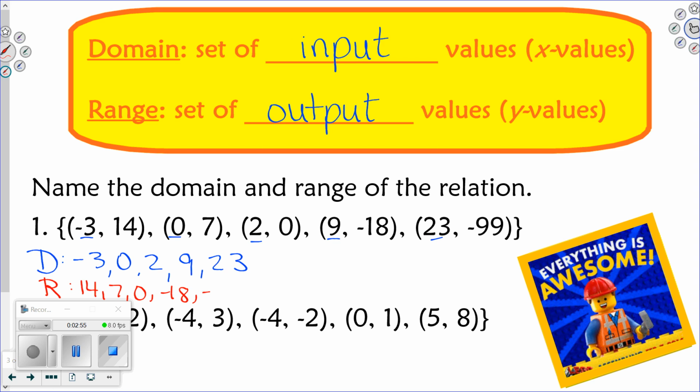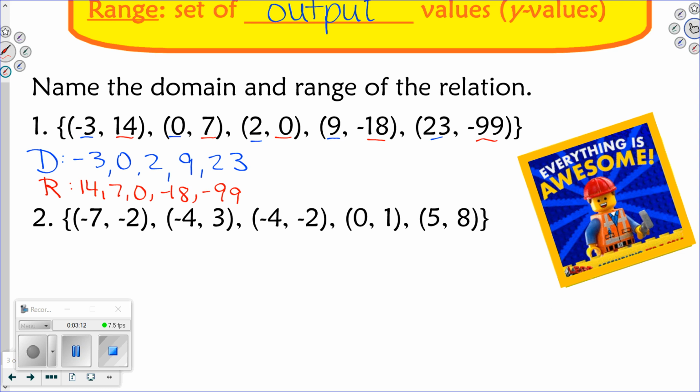Right, so 14, 7, 0, -18, -99. So domain is all the X's, range is all the Y's. Pretty easy. It doesn't get much harder than this, honestly.